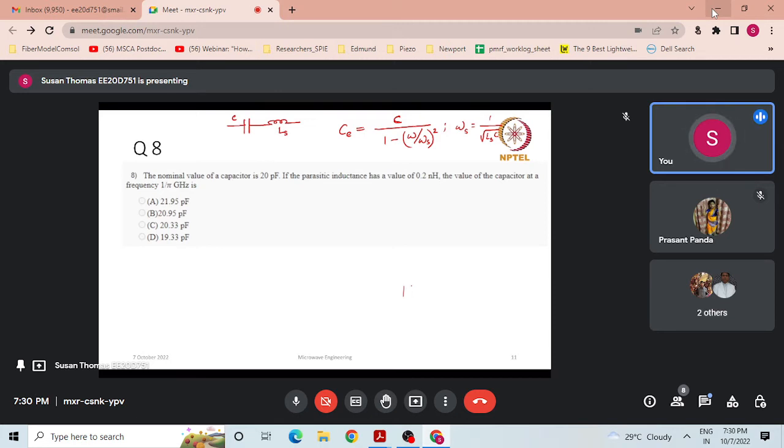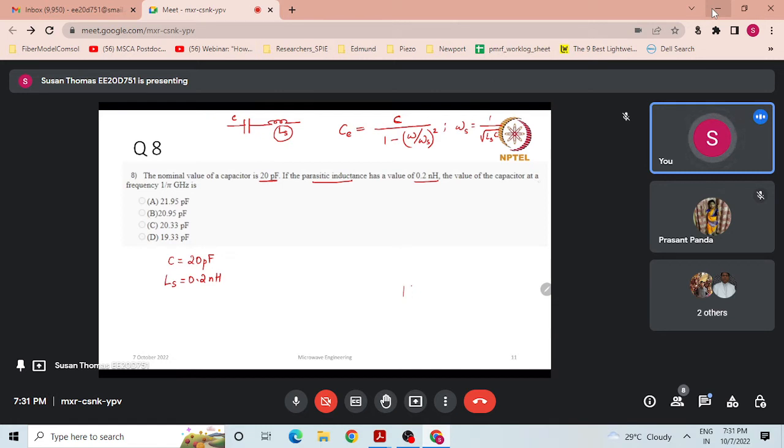Let us read the question. Nominal value of a capacitor is 20 picofarad, so C is 20 picofarad. Parasitic inductance Ls is 0.2 nanohenry.